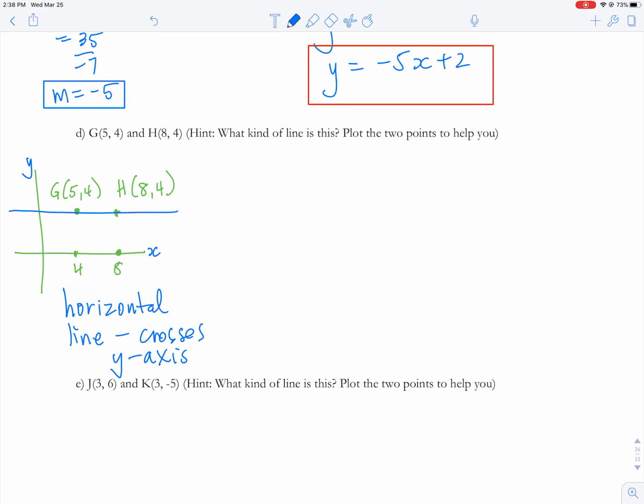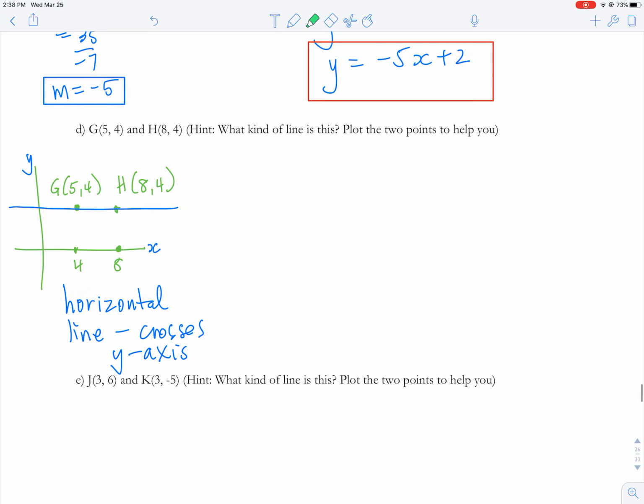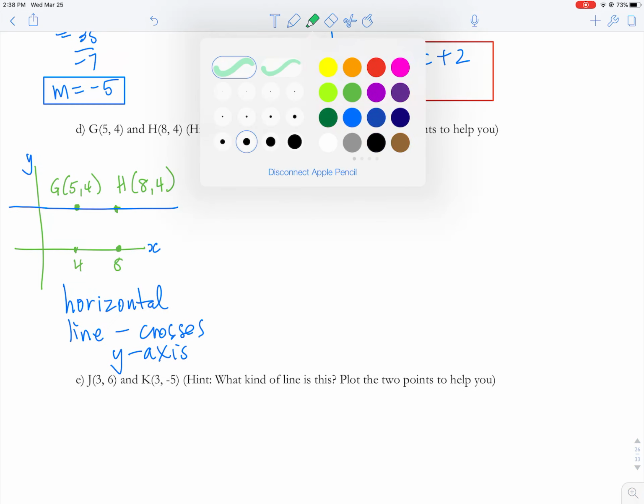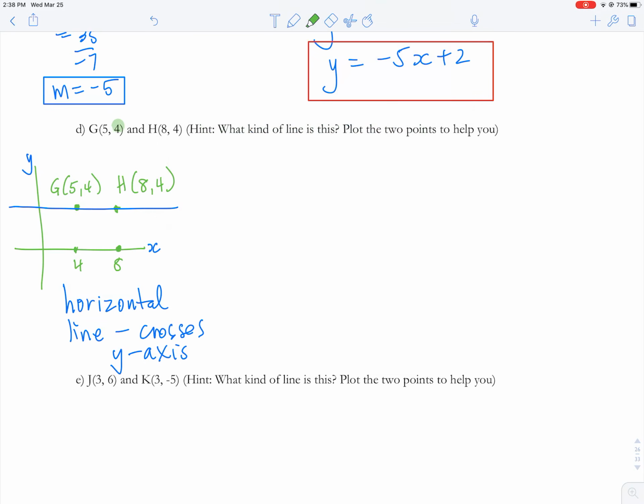So you could do it by sketching it. But the other thing is, maybe you might notice that the y values match here. So you could sketch it, or you might just notice the y values are equal.